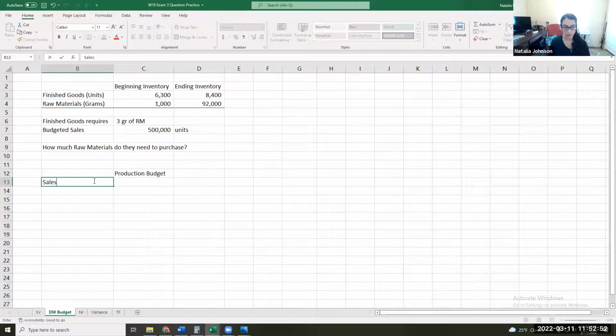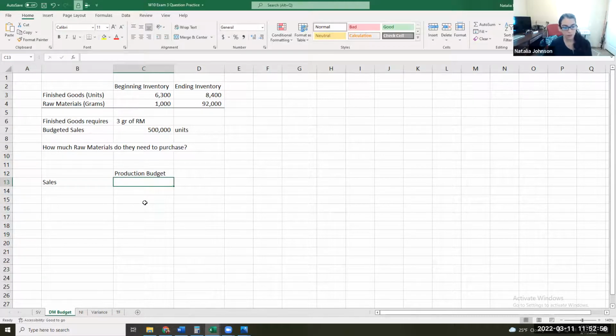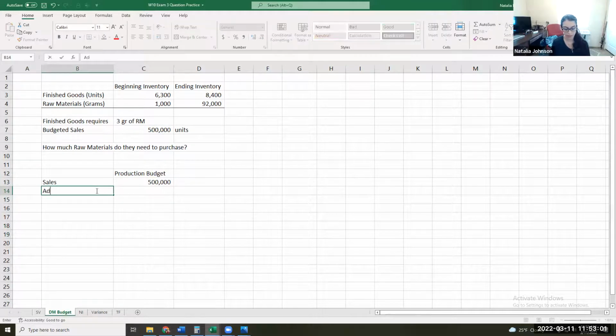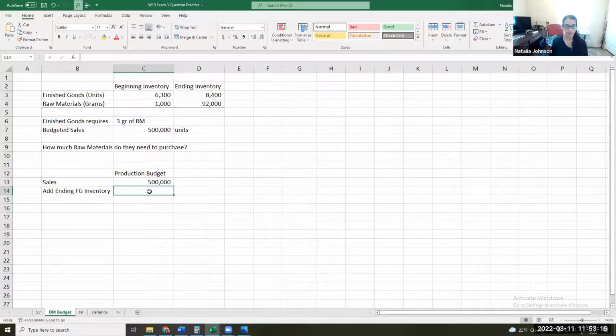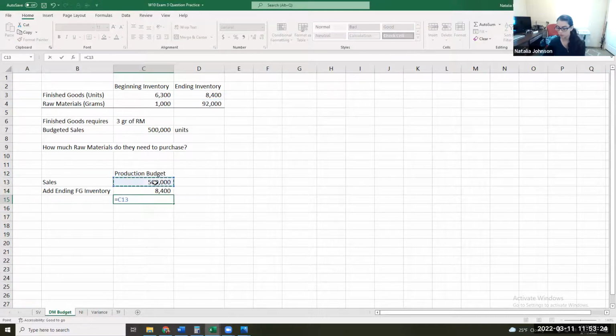First, the sales budget, the budgeted unit sales, which is 500,000 units. Then we're going to add the desired ending finished goods inventory. So we do the finished goods before we do the raw materials. The ending inventory is 8,400, so you add those two together.